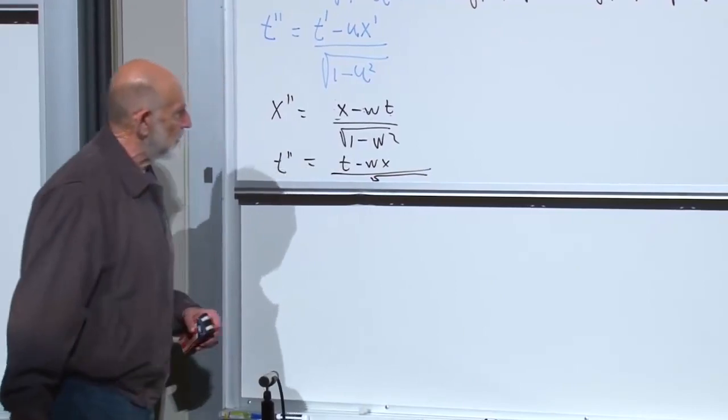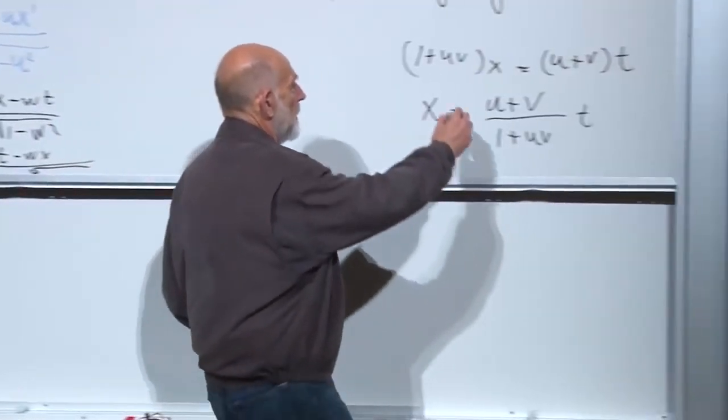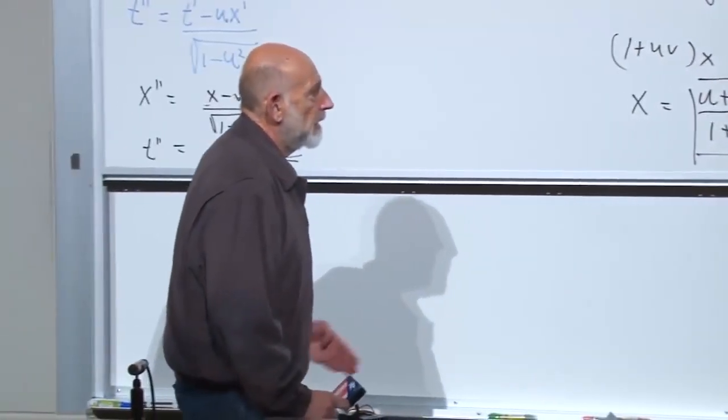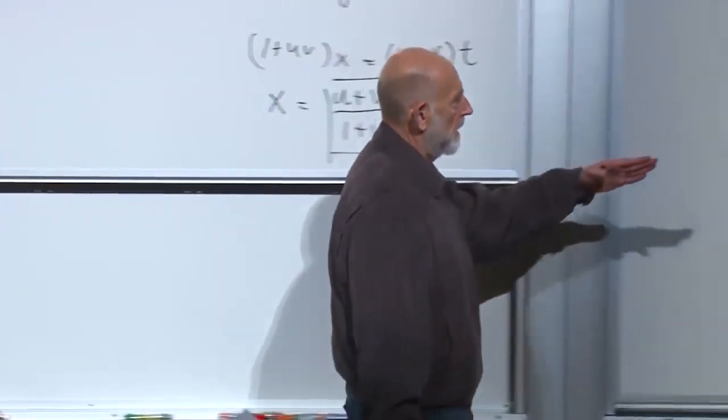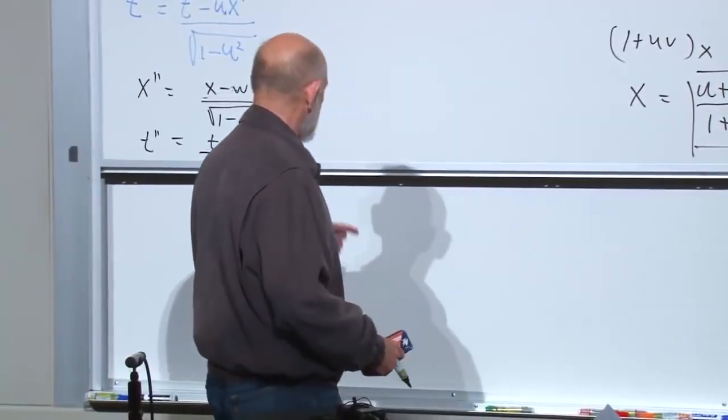I don't have room for the square root there. And what do we find w is? W is just this. That's how fast the kiddie car is moving as seen from the stationary frame.